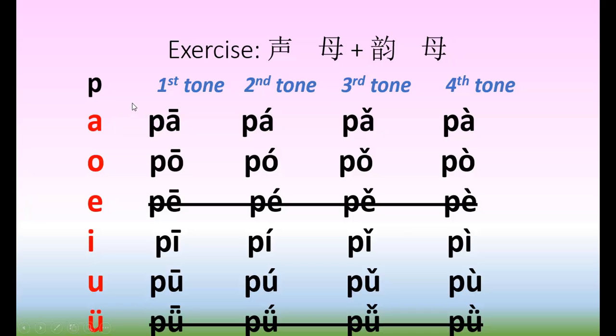Same thing, we can take p, this consonant, with all these vowels and 4 different tones. Let's read it once. Remember, not all of these combinations have a corresponding Chinese word. P, a, pa, in four tones.